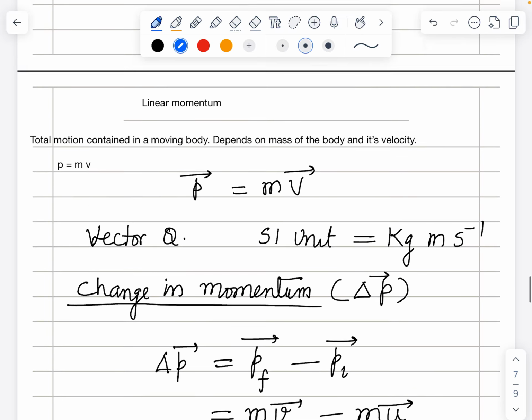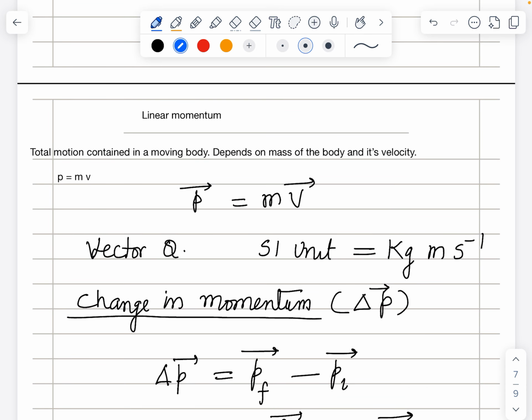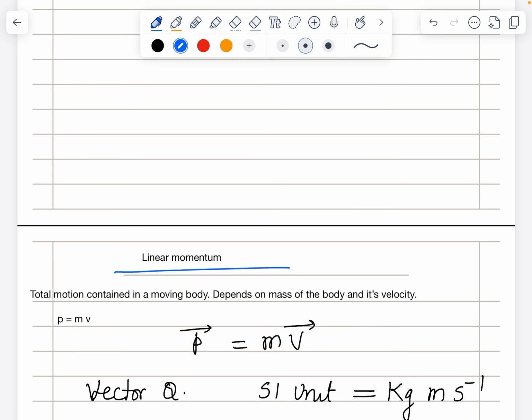It's clear. Then there is one term, momentum. What is linear momentum? It is the total motion contained in any moving body. Total motion contained in any moving body depends upon what? It depends upon the mass of the body, and it depends upon the velocity of the body.